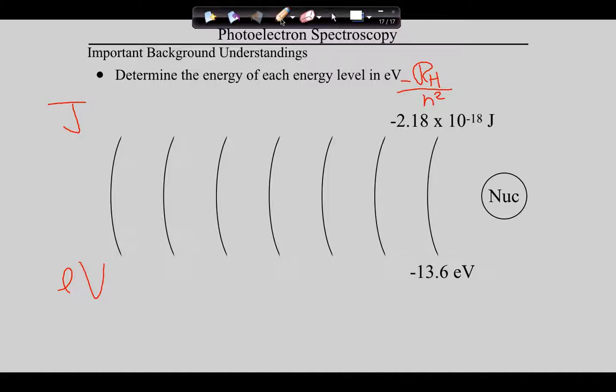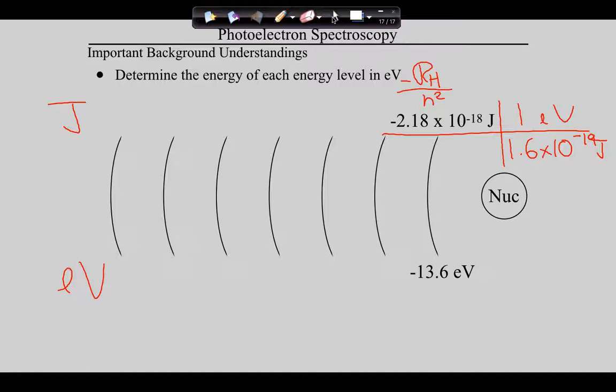Looking at our previous slide, I know that 1.6 times 10 to the negative 19th joules is 1 electron volt. So a simple dimensional analysis calculation will give me this number in electron volts. And guys, I've already done the math, and the answer is this.